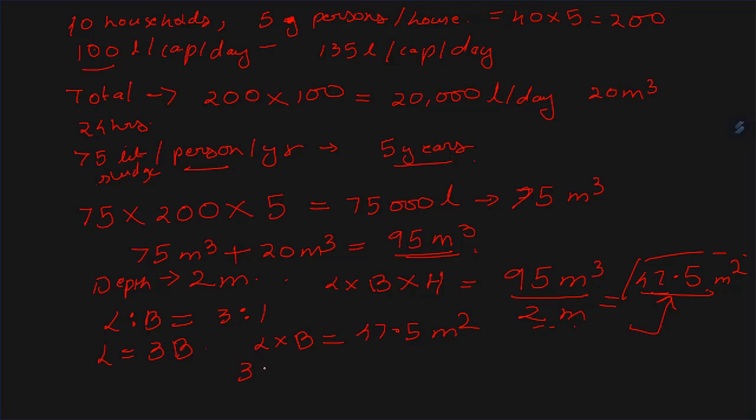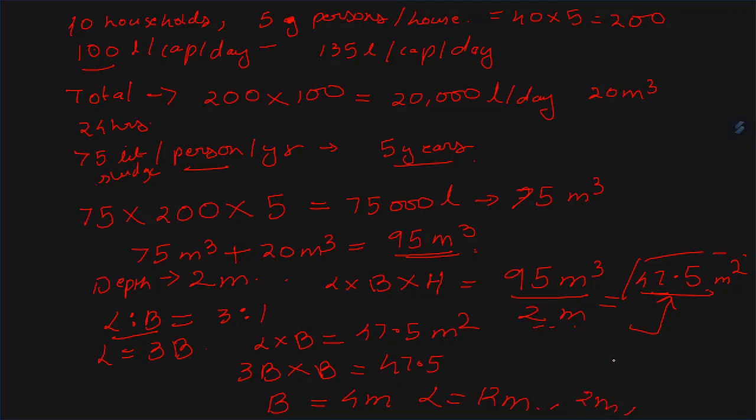Length is 3b, so replacing L by 3b, 3b squared is equal to 47.5. Now if I solve this, I get b is equal to 4 meter, and hence from the ratio 3 is to 1, if my breadth is 4 meter, I get length equal to 12 meter. So I have got my breadth, length, and my depth is 2 meter.